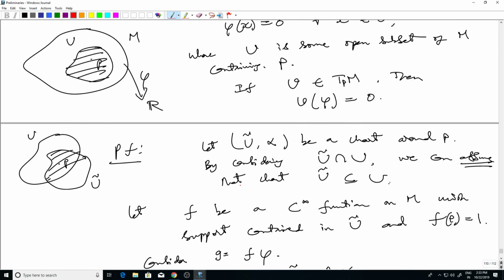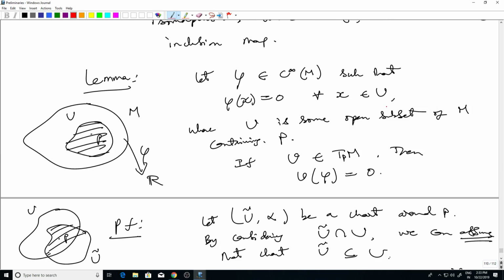We needed a small lemma for this. The lemma is that if phi belongs to C infinity of M and is identically 0 on some open set containing P, and if V is any tangent vector to M at P, then V of phi is 0.